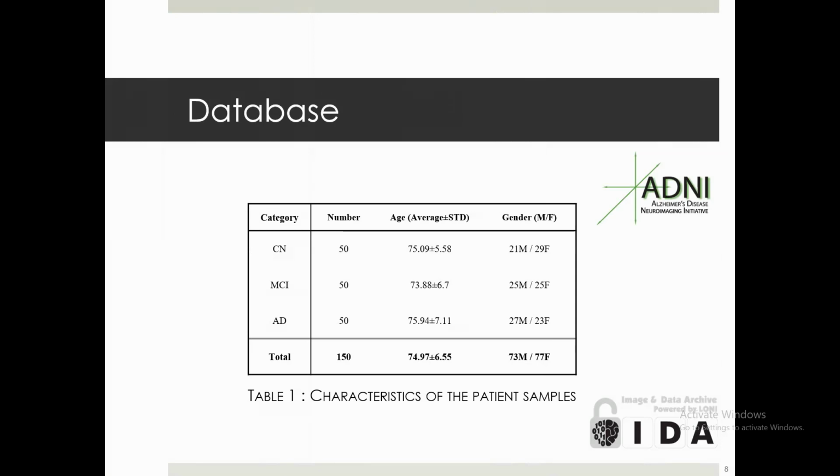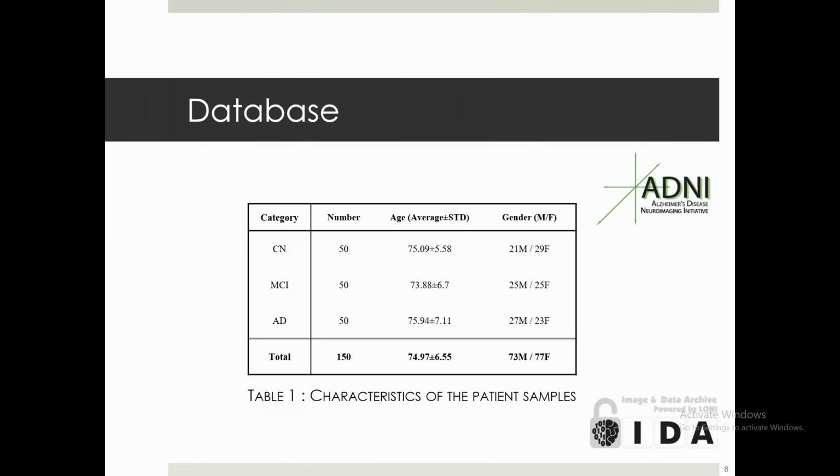Then, to evaluate the performance of our method, we chose 150 3D T1-weighted magnetic resonance images from the ADNI database. As presented in Table 1, our image base consists of 3 different categories: 50 cognitively normal images, or CN, 50 images with mild cognitive impairment, or MCI, and 50 images with Alzheimer's disease, or AD.